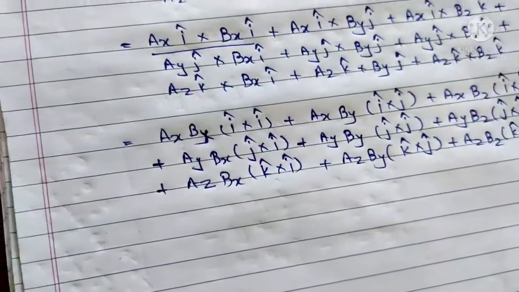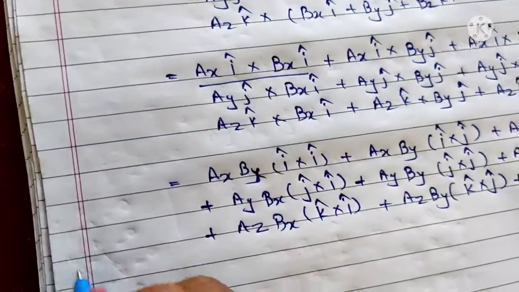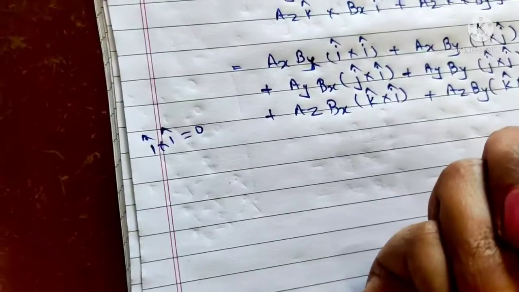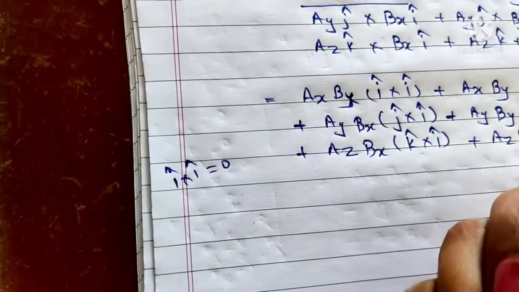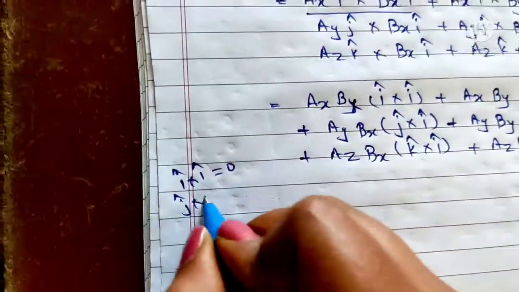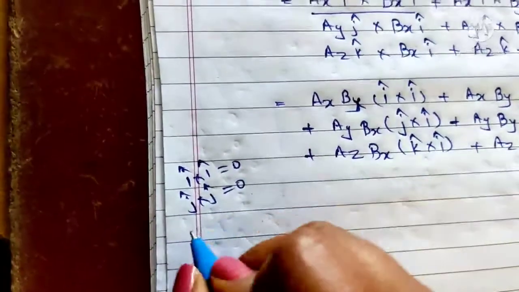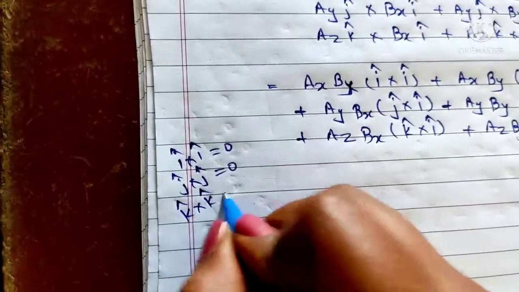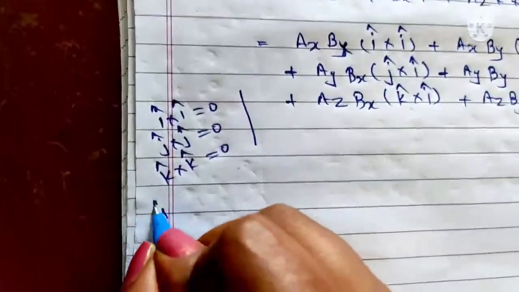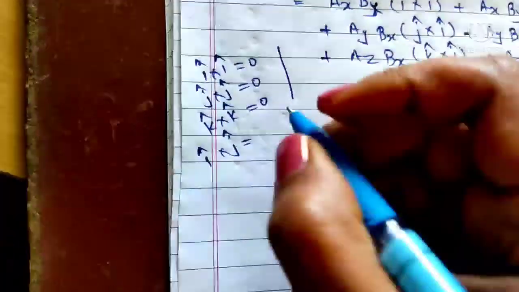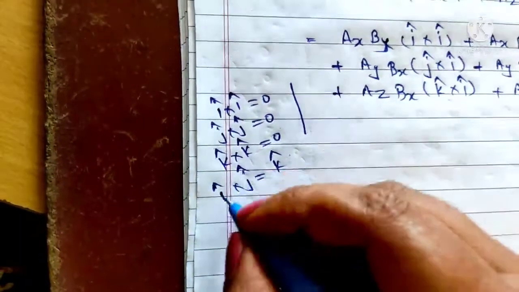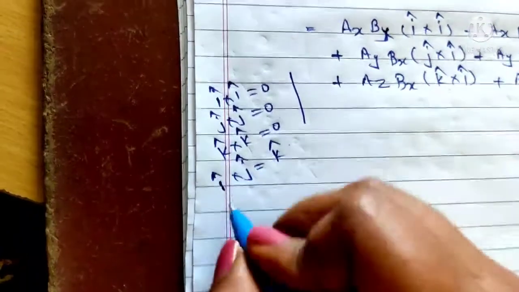Now here we have to use the vector identities. i cap cross i cap is equal to 0, because a self cross product is always equal to 0 as sin 0 is 0. Similarly j cap cross j cap is also equal to 0 and k cap cross k cap is also equal to 0. And then i cap cross j cap is equal to k cap. The vector product of i cap and j cap is equal to k cap.